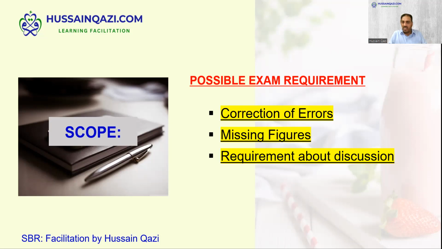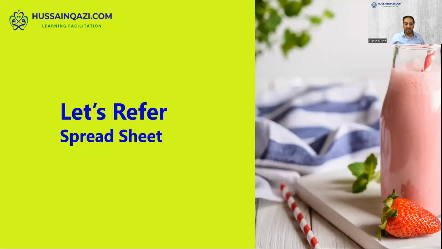But once again, this requirement about discussion is not very challenging. We have already discussed it. It's a simple interpretation of the facts. Whatever correction you have made, whatever missing figure you have incorporated, just make an interpretation. It's very simple. So that is drafting technique 2 that we discussed earlier. So let's refer to the spreadsheet.